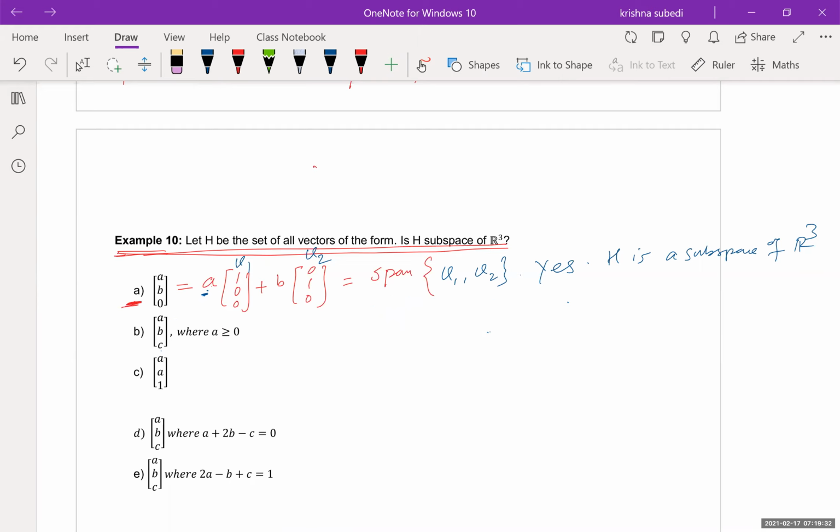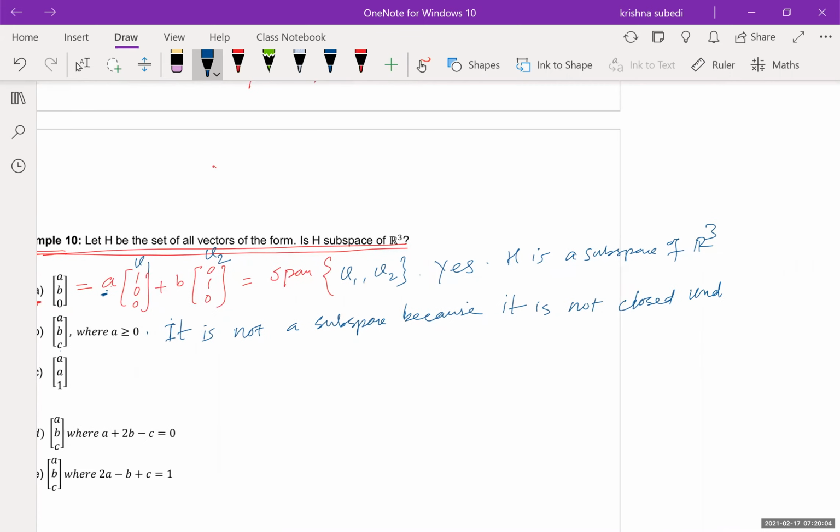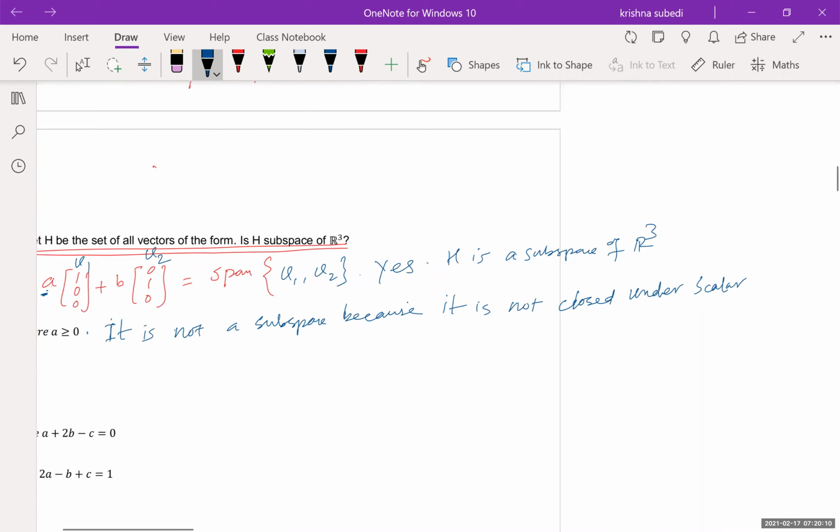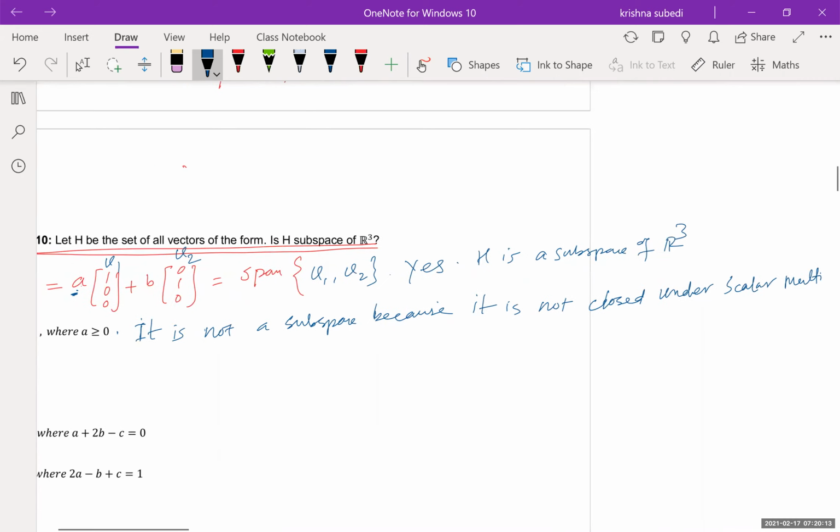Now I'll write it this way: it is not a vector space, I mean subspace for that matter, because it is not closed under scalar multiplication. All right.